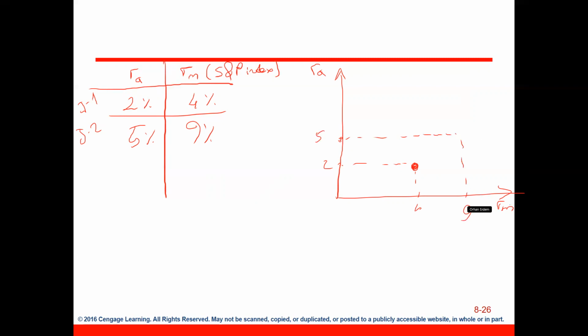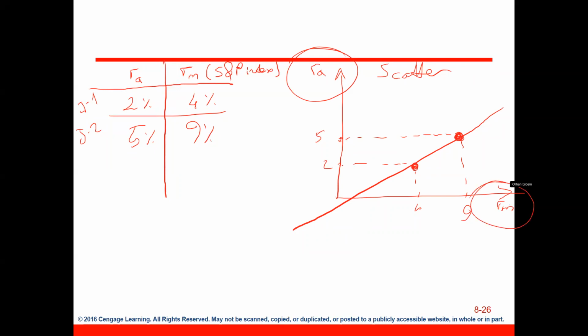So you put another dot and connect all the dots. This is a scatter plot, and you draw a line. This line represents how your stock, Apple, is related to the market. This line can be expressed by an equation: return of Apple is equal to some number A plus B times return of the market.